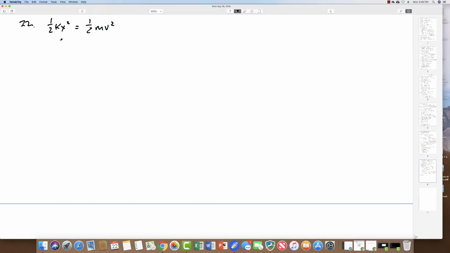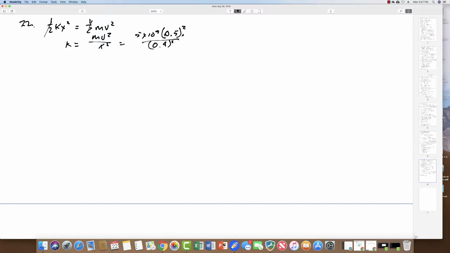And so if we solve this equation for k, the halves cancel out and we end up with mv squared over x squared. And so that's going to be 5 times 10 to the fifth times 0.5 squared divided by 0.4 squared.